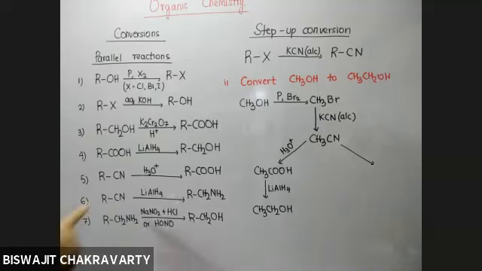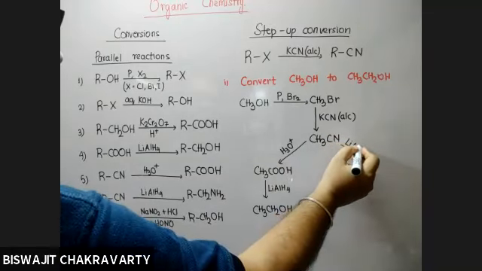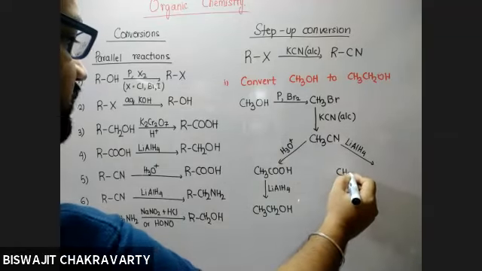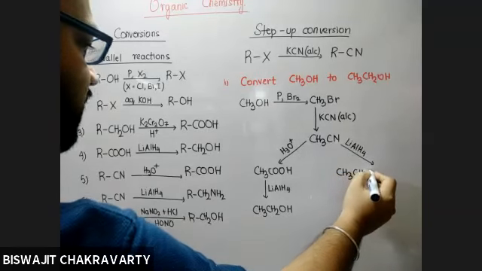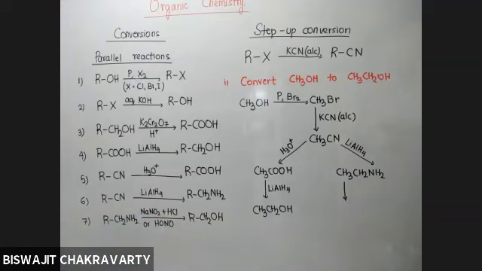Lithium aluminum hydride. If I treat this with lithium aluminum hydride, what will be the product? CH3CH2NH2. What should I treat this with so that we can get ethanol again?